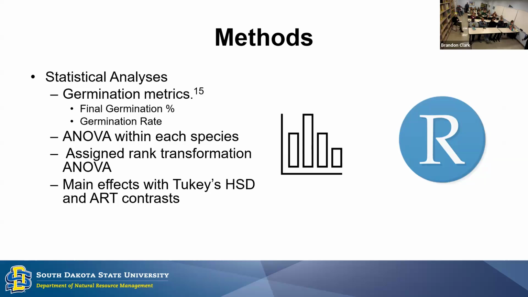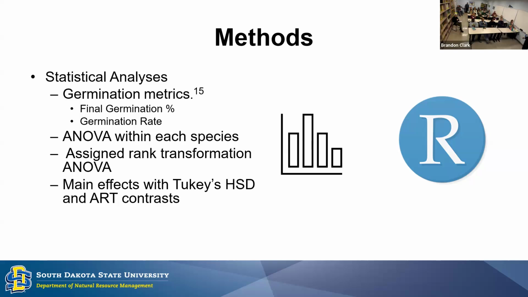Stats. So all statistical analyses were done in R and R Studio using various packages, with one of them being germination metrics, which I used to calculate final germination percentage and just germination rate. Final germination percentage is the total accumulated number of seeds that germinated divided by the total number of seeds put in that bag.